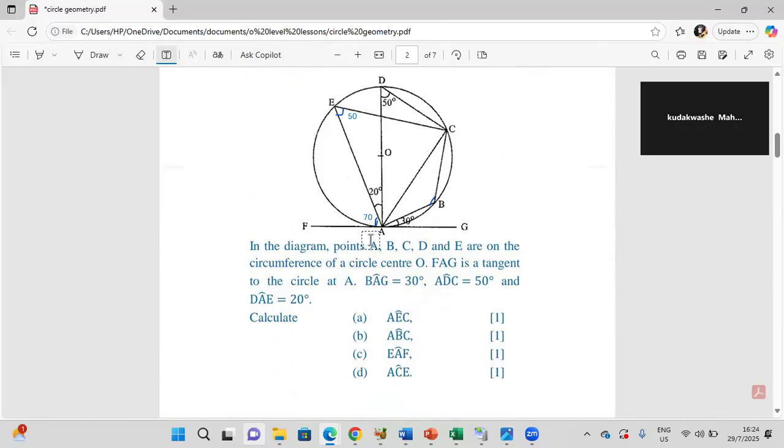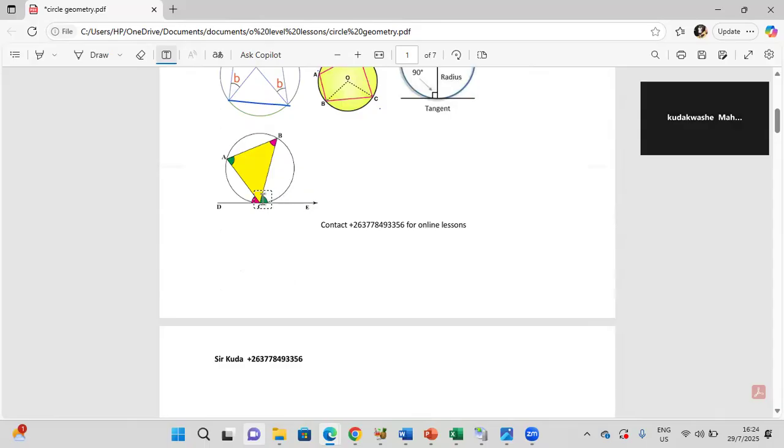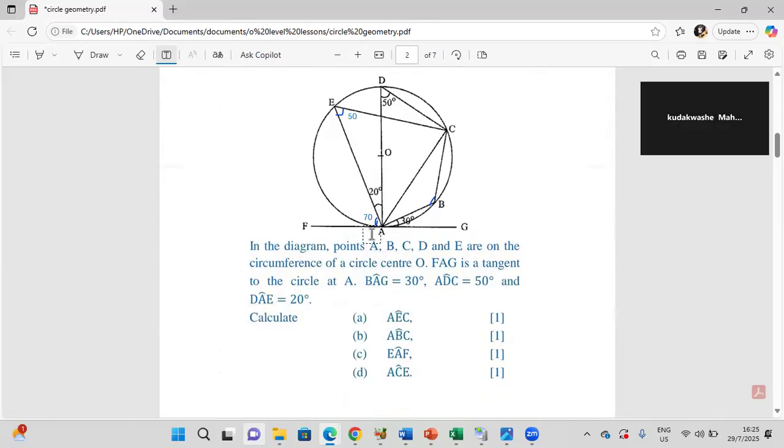Now, again, if we look at this shape, there is a triangle AEC. Let's just focus on triangle AEC. Then you come and look at this one. We said this angle here is equal to the one inside the triangle, but at the corner. Let's look at this triangle, AEC.